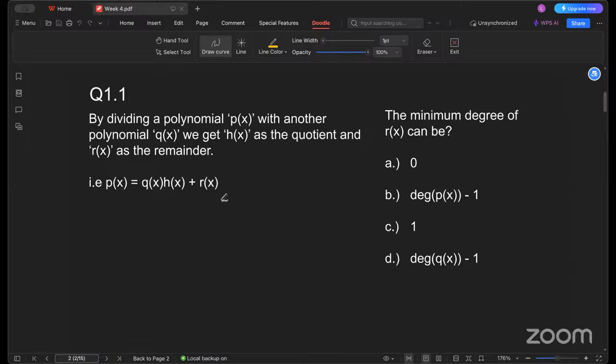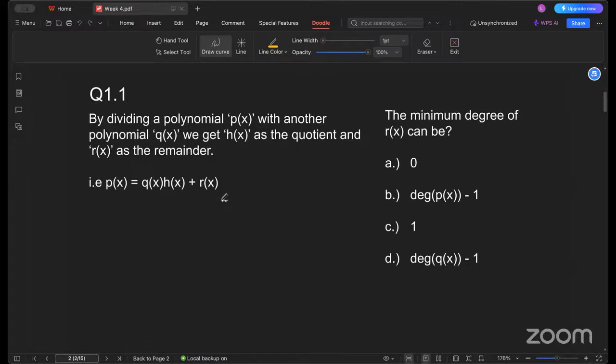If r of x is 0, then what is the degree? Ma'am, degree is 1. If r of x is equal to 0, what is the degree? Are you sure? X raised to 0 is 1. So degree 0, if it is any constant but not 0, then what you're saying is fine.